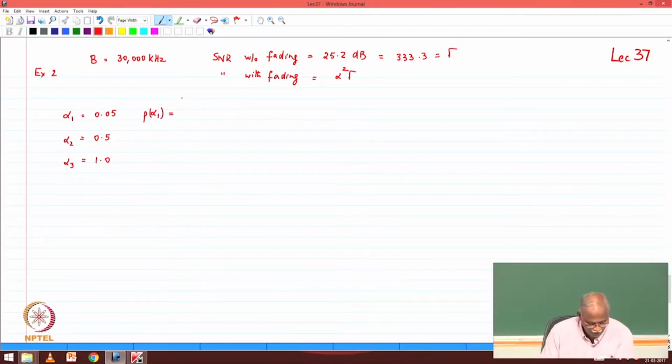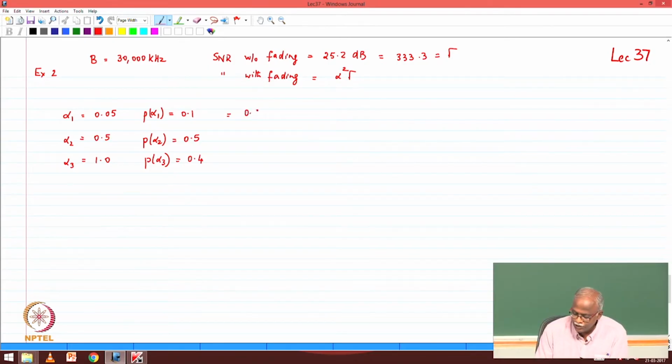The probability of alpha 1 is 0.1, probability of alpha 2 is 0.5, probability of alpha 3 is 0.4. These are the 4 possibilities. Now, just quickly compute the capacities for each of these.